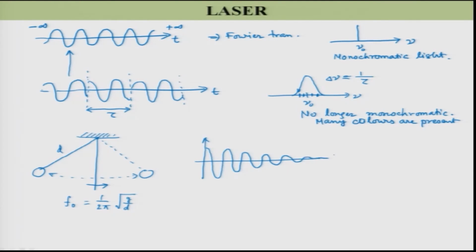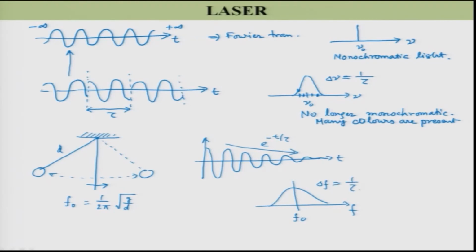So, it is a damped oscillation, and this decay I can write as e to the power minus t by tau. This is my time axis. Then the Fourier transform of this will be something like this. The central frequency will be f0, because I have written f0 over here, and then delta f will be almost equal to 1 over tau.